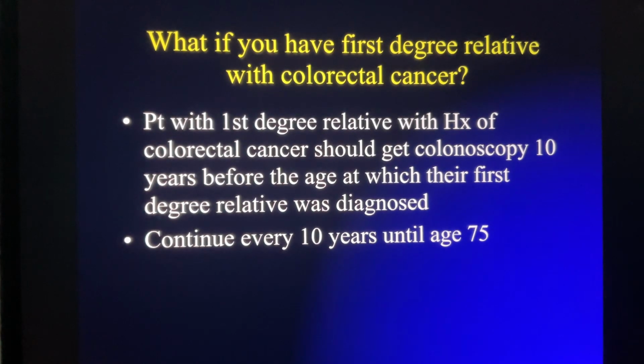For example, if you have a father or mother who was diagnosed with colorectal cancer at the age of 50, this is saying that you need to be screened at the age of 40. So 10 years before they were first diagnosed. And you have to continue screening every 10 years until the age of 75.